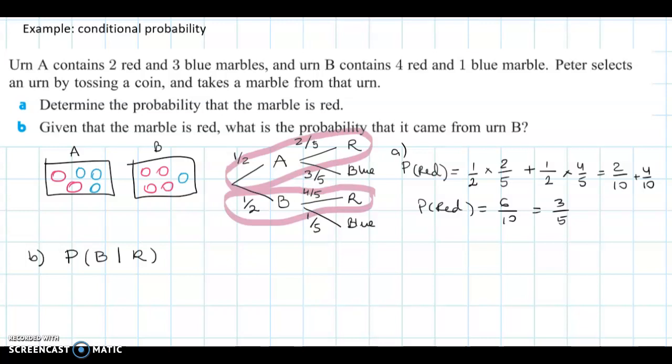When we did the tree diagram, what we used over here in this branch that I'm marking is that the probability of picking a red marble coming from box B is equal to 4/5. Now we are trying to find the probability of coming from box B, knowing that it's red. So we are switching the conditional probabilities, and we know that that's going to change the result. And we need to use the formula for conditional probability over here.